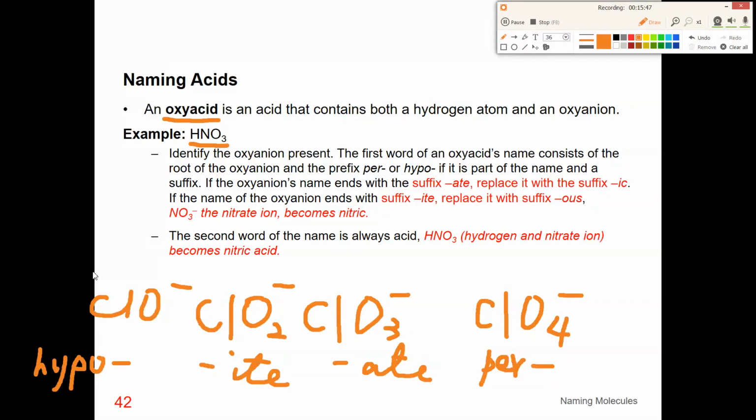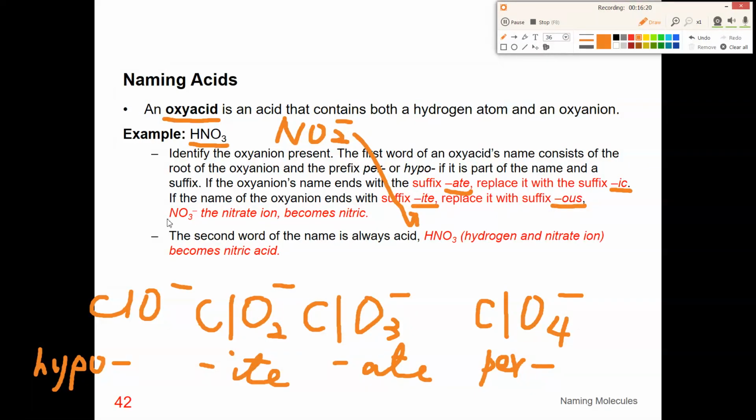So on the next slide, we'll have a table to compare the polyatomic ions and the names of acids with polyatomic groups. In this case, NO3 is the base name. The ending is ATE, nitrate ion. You change the ending to IC. If it's ITE, like NO2, NO2 is ITE, you change the ending to OUS.